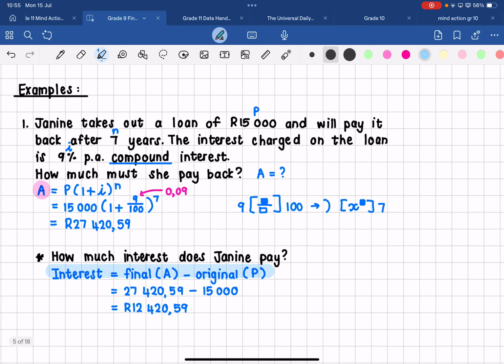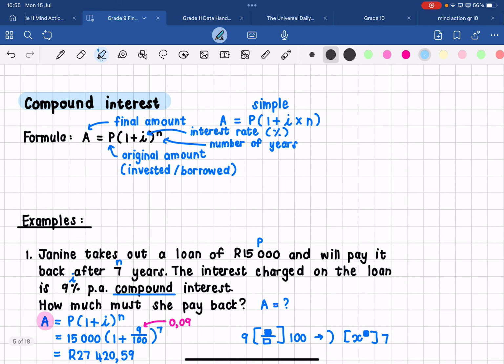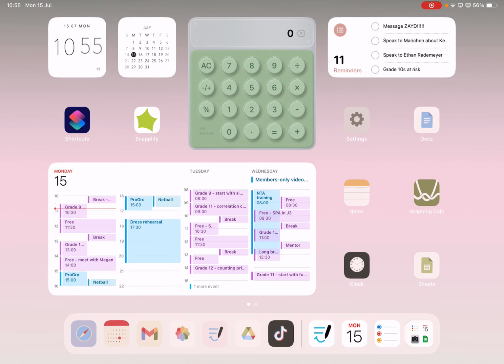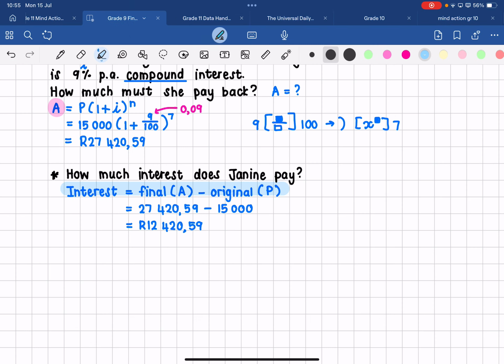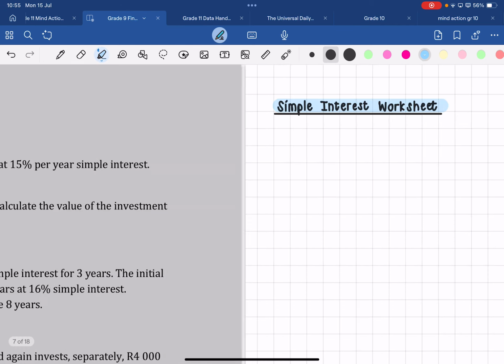Check please under compound interest, the heading. Did you write this down? If you didn't, please copy it down. There we go. If you didn't, please copy that down now. Under compound interest, we are going to write it now again with this example that we're looking at. But please make sure that all of you have this. It's very important.